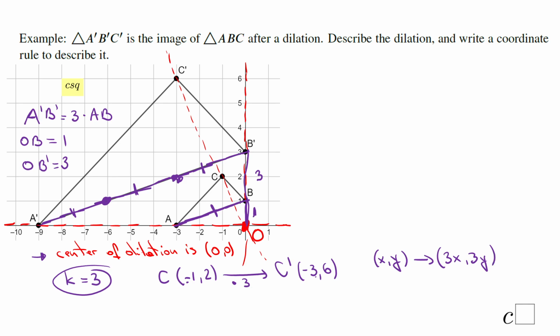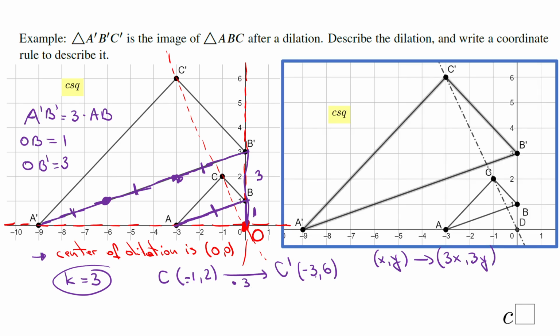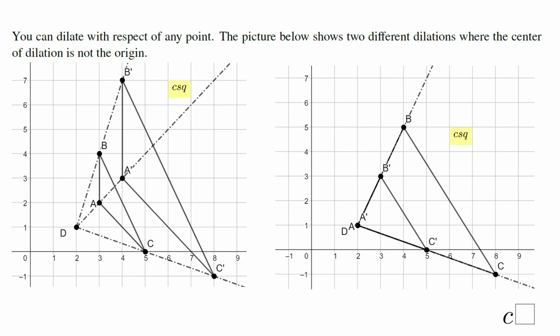Okay. In this next picture, you can see the ray that goes through C prime and C, and I call the center of dilation D, but you can call it O. It really does not matter. Right here I said that you can do dilation with respect to any point. You do not really have to have just the origin. And you have here 2 cases.